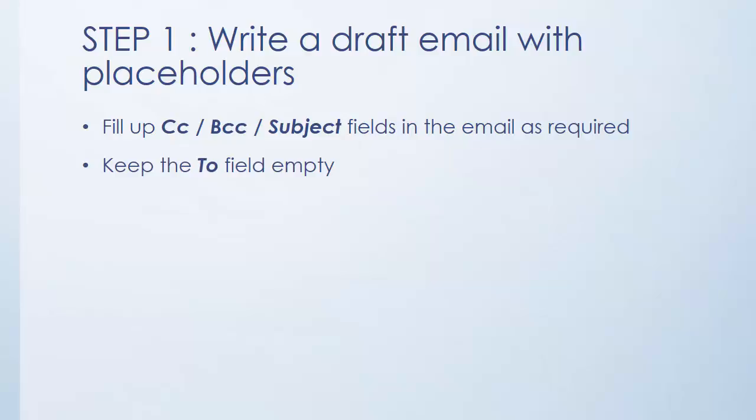Keep the To field empty because that will be filled up by the mail merge process as it goes through each individual recipient. And finally, place this draft email in the draft folder of your Google Mail account.